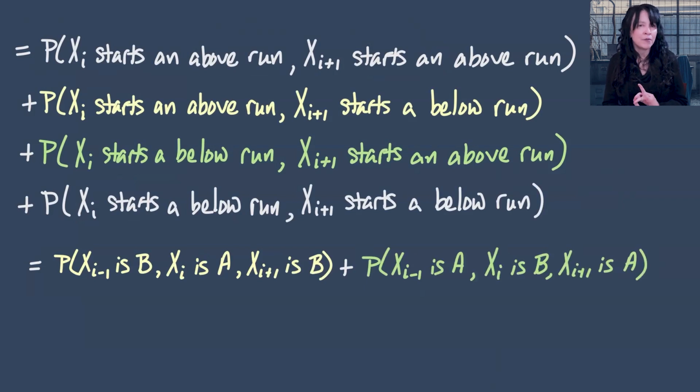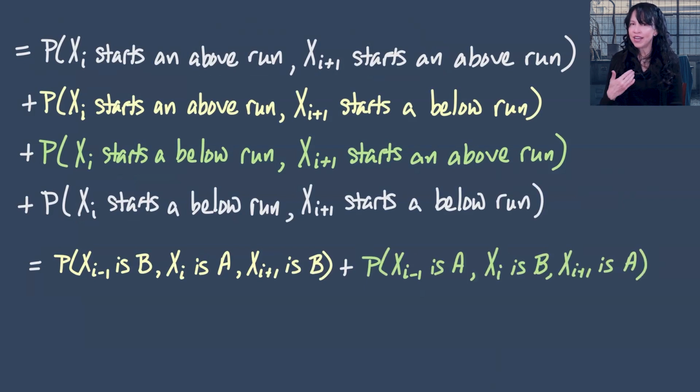So x sub i minus 1 needs to be below the mean, in this case 1/2. So here I am just writing this all out. When I say x sub i minus 1 is b and x sub i is a, I'm just saying is below the mean and is above the mean. So b for below and a for above. And I'm not bothering to write the mean because there's only so much that can fit on this slide.